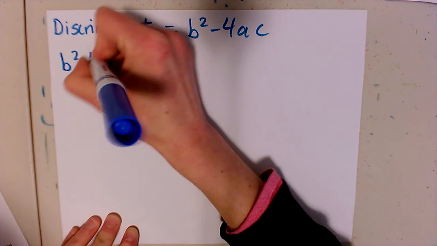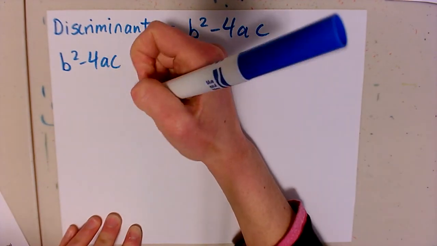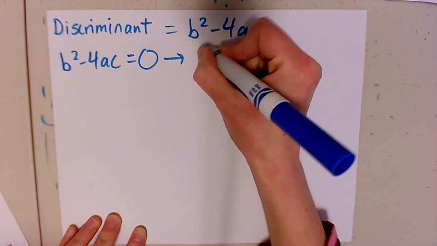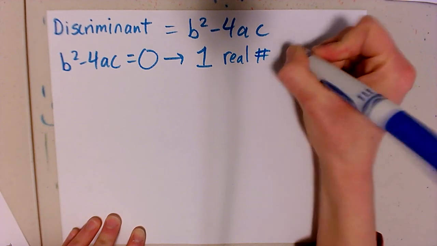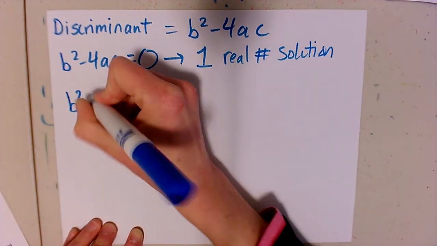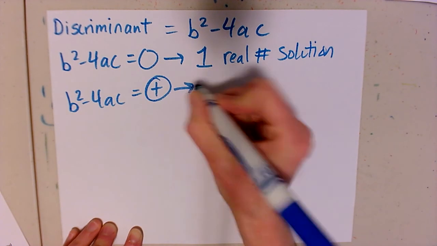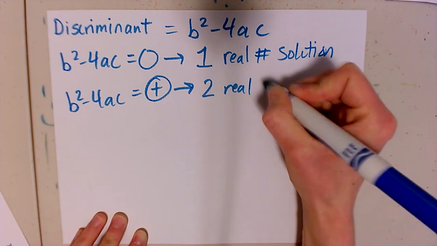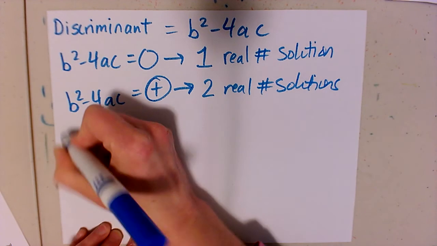So if b squared minus 4ac is 0, then you're going to have one real number solution. Okay, if b squared minus 4ac is positive, then you'll have two real number solutions.